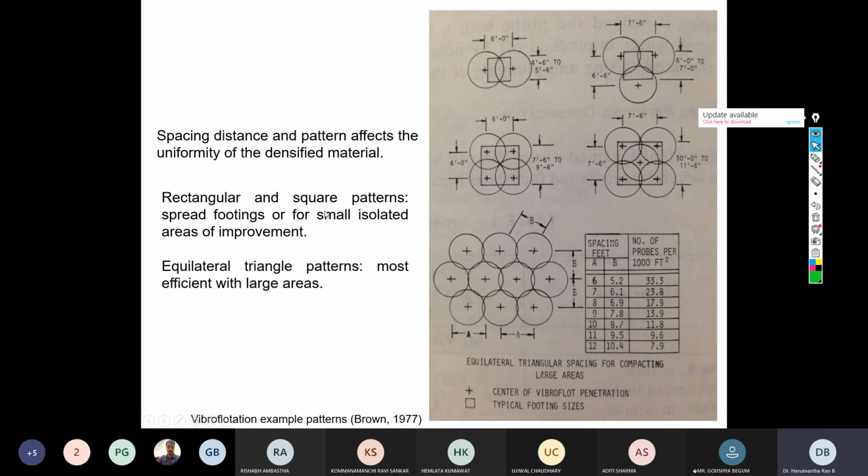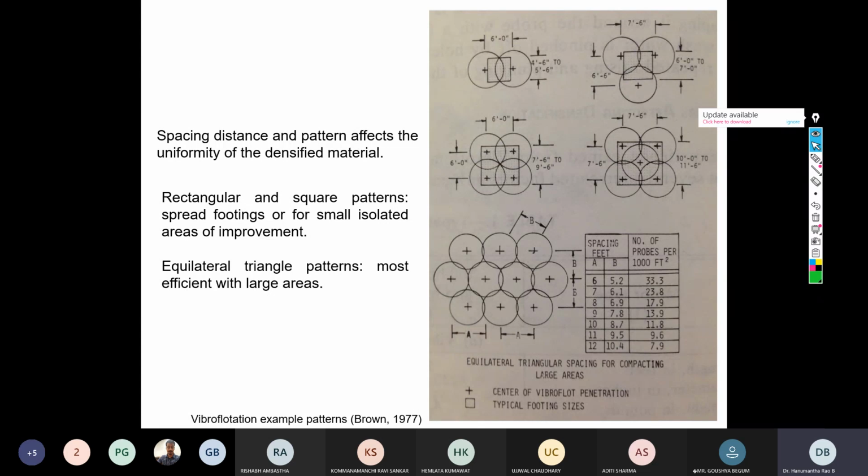Rectangular and square patterns are used for spread footings or for small isolated areas of improvement. If you look at this pattern, it can give an idea, depending upon footing requirement, of how many probe locations one has to select so that the zone of influence covers the whole footing area under the ground improvement zone.